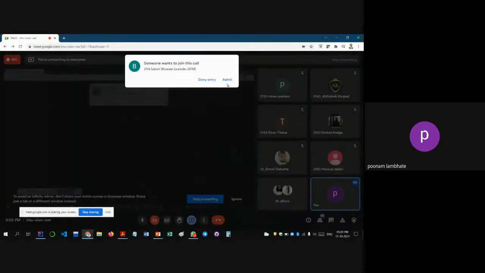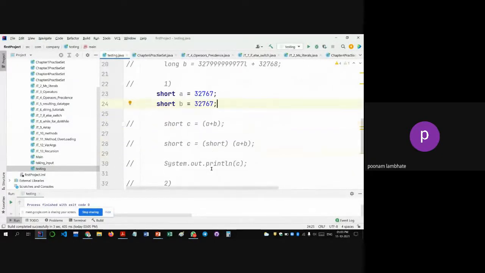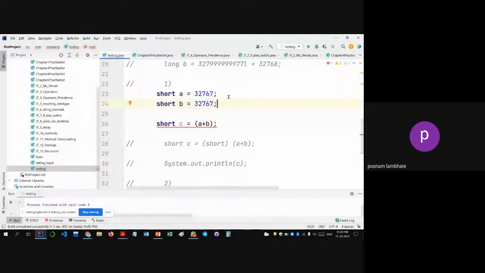Suppose there are two short variables, both at the maximum limit, and I add them and store the result in another short variable. Then definitely the sum of 32767 with 32767 will go beyond the range. So you should get an error message or some warning.